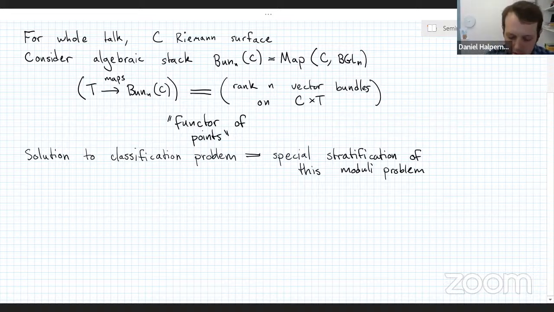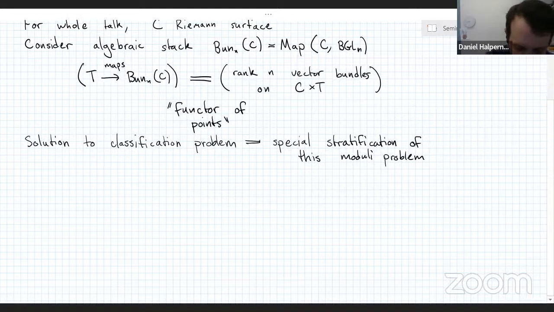The other issue is that it's highly non-separated, so you can have bundles degenerating to other bundles in many different ways. The story I'm about to tell you is a way of taming these two issues.